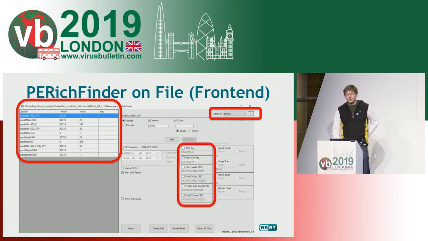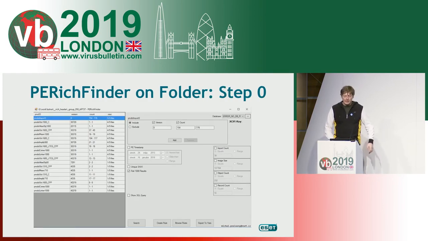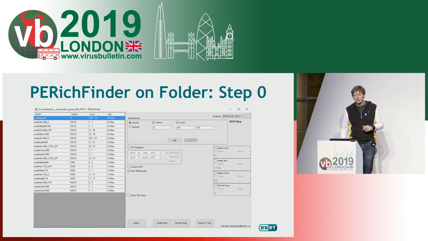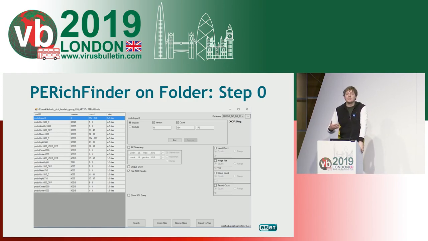And perhaps more interestingly, you could run it on a folder, and in that case, it took a union of ranges of ProdIDs, like the intersection of the files contained in the folder, and you can manipulate this data to create the rule, to create the SQL rule that queries the database, or you could create a rule that scans files on a file system based on a YARA project.